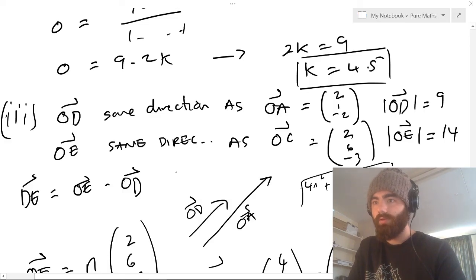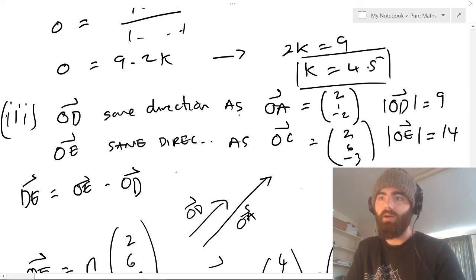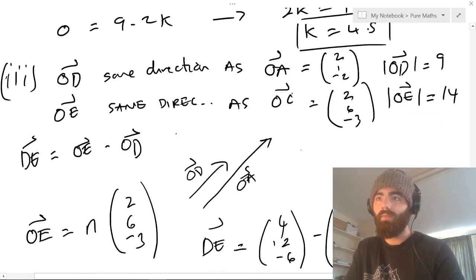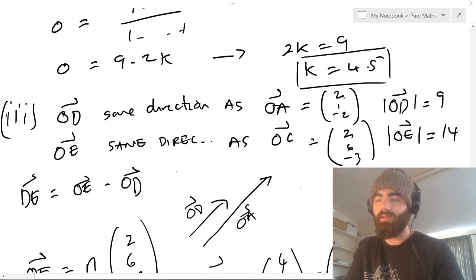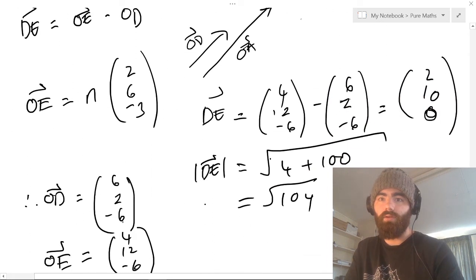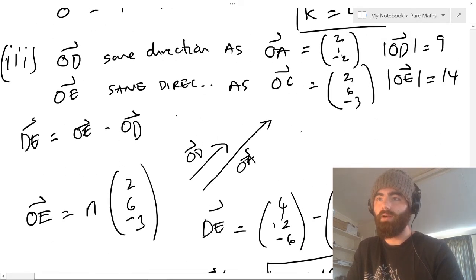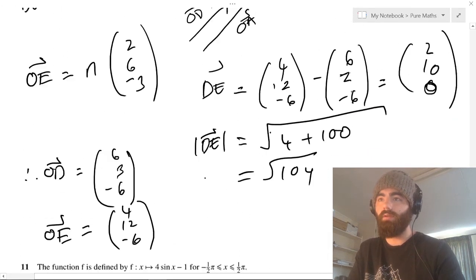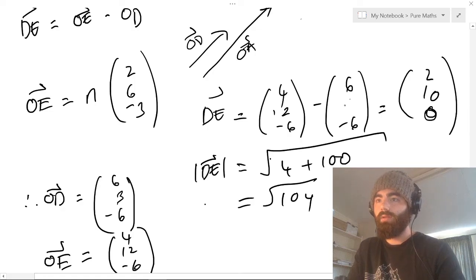Square root is 3n. So then 9 equals 3n. So n equals 3. So then 3 times this, 3 times this is 6. Ah, that's why. So when I do 3 times 1 is 3, not minus 3. So this is 9.